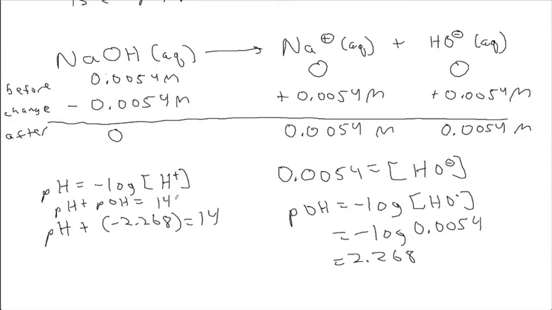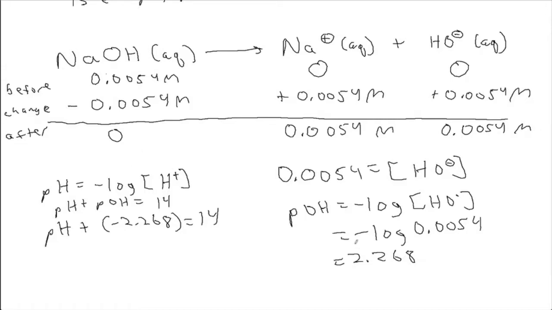Good. So what we're going to plug in here is the pOH. What is the pOH? pOH is negative 2.268. Why did you say it was negative? Oh, sorry, it's 2.268.